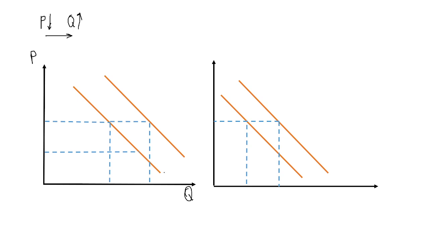So here we have the original demand curve. After this increase, because the price of the complementary good decreased, the demand curve shifts to the right, and we show the new demand curve under the name D1. So at the same price, as you can see, we experience an increase in the amount of demand from Q1 to Q2.